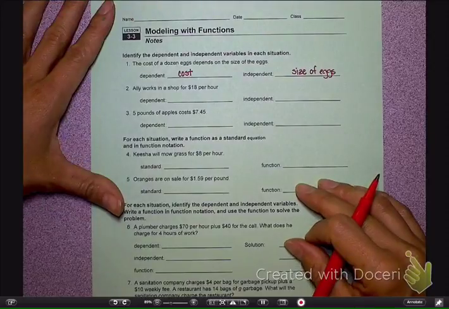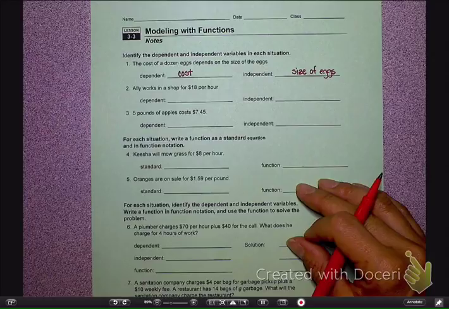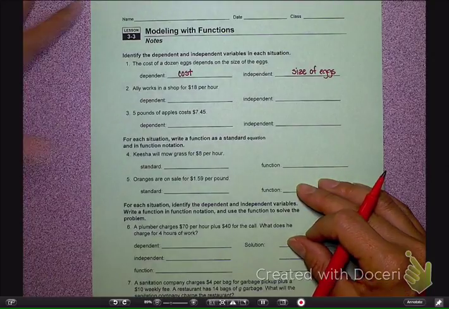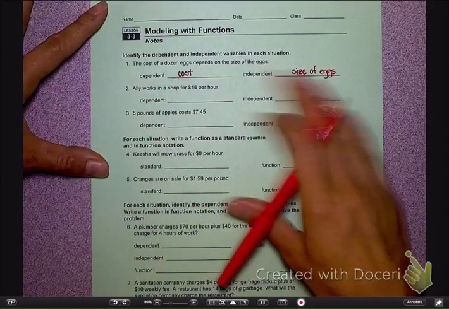If I go to the grocery store, if I buy medium eggs, they're a different price than if I buy large eggs or extra large, right? They charge me more if I buy the bigger ones. Does that make sense? Okay, so the cost is depending on the size.